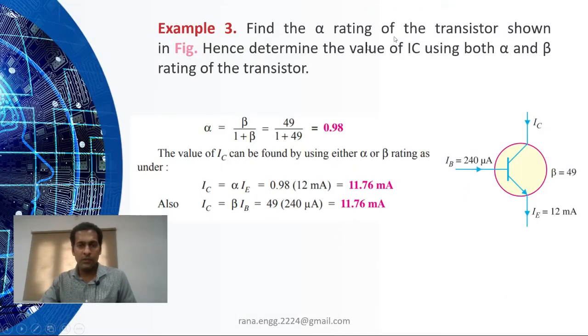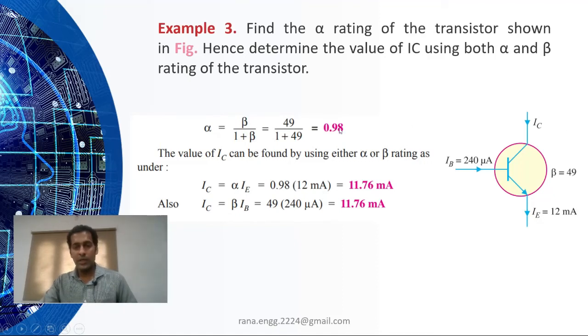The third question: we have to find the alpha rating of the transistor shown in the figure. So we have to determine the value of IC using both alpha and beta ratings. Beta is given, it is 49. IE is given, IB is given. So we have a lot of data. We know the relation between alpha and beta: similarly, alpha is equal to beta by 1 plus beta.